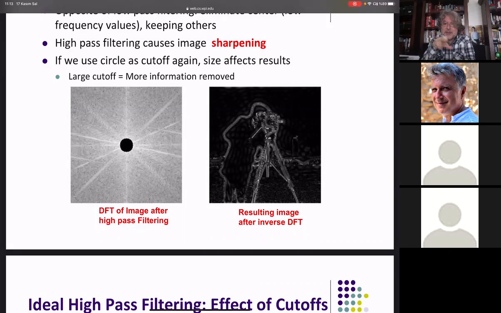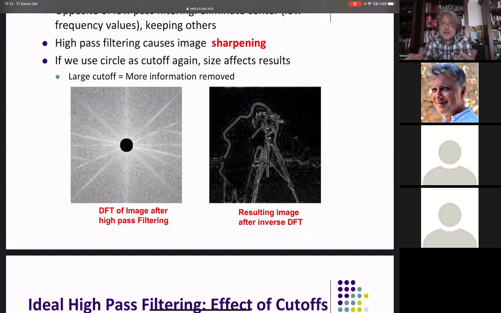Multiply the resulting image after inverse DFT, the black looking edge image, by alpha, some parameter, and add it onto the original cameraman image. That would emphasize the edge locations. It would look sharper. That's how you can apply sharpening, not directly by high pass filtering.